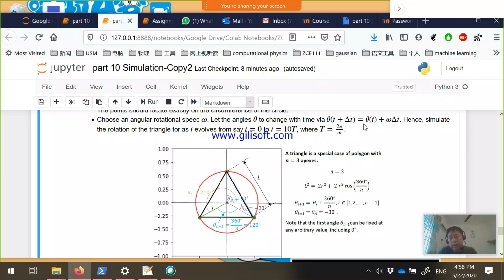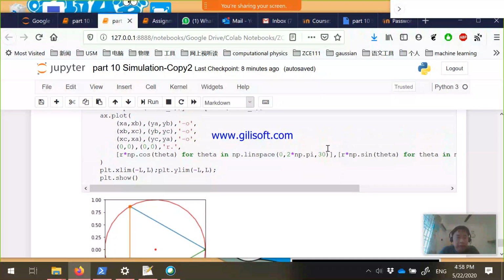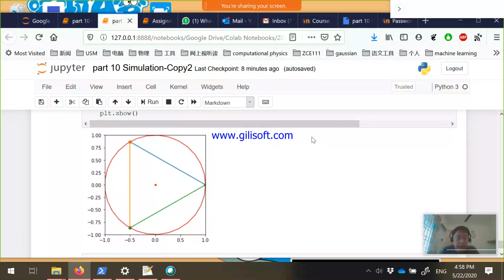For each delta t, you calculate the next value of the angle. Then you displace these three points at that time, and you display it in the form of a video. Okay, so then you'll be able to simulate this. These are all the very simple tricks that I show here.